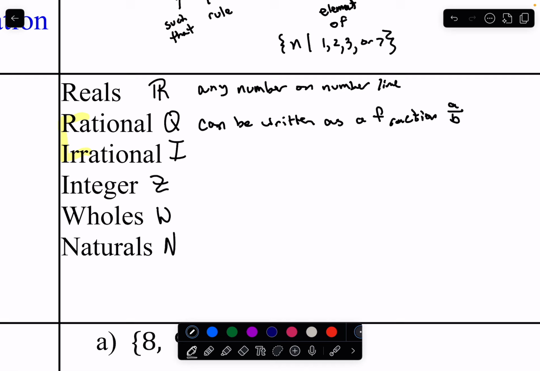Irrational numbers are things like square root of 2, pi, that 3.1415926, e, 2.71828. All these numbers, if you look at their decimals, don't stop or repeat. So if you were to look at the decimals of a rational number, they are going to stop or repeat, and we can write them all as fractions. You can't write square root of 2 or pi or e as an equivalent fraction.